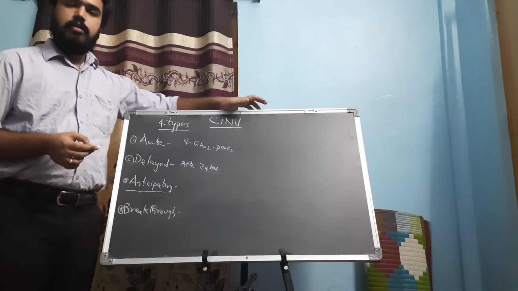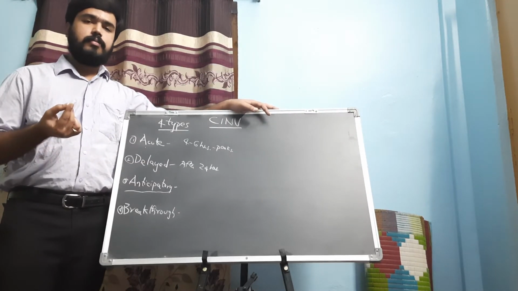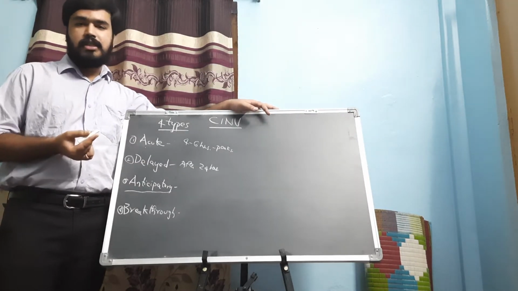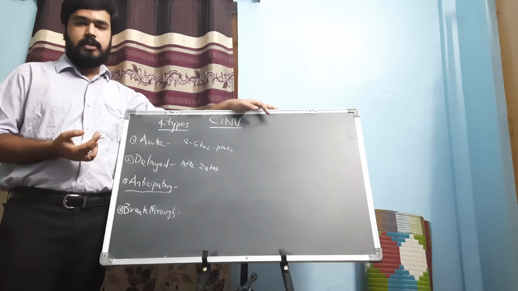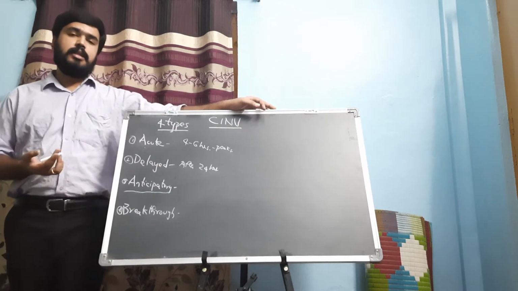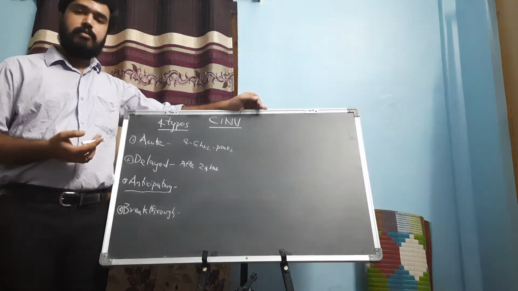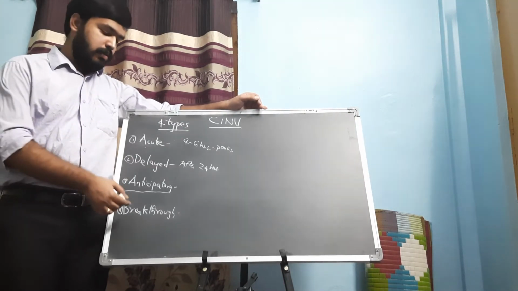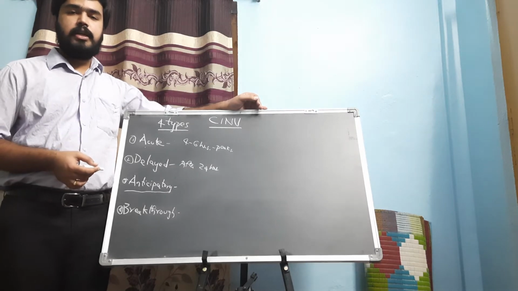And breakthrough or refractory CINV refers to the nausea and vomiting which occurs even after the prophylactic therapy. So it does not respond to the antiemetic agents or other preventive measures which are taken for chemotherapy induced nausea and vomiting.